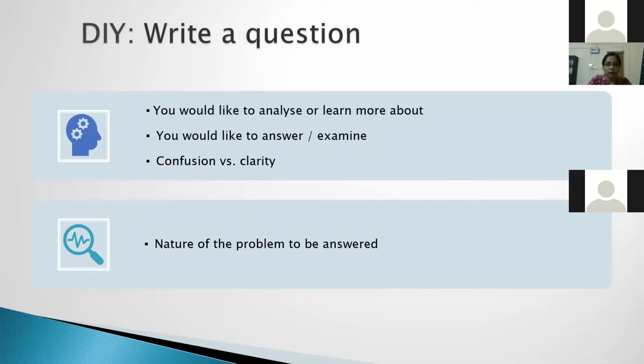Okay, so because I wouldn't know how long it would take, you can continue writing it, it's fine. And also write down the nature of the problem that you want to analyze.